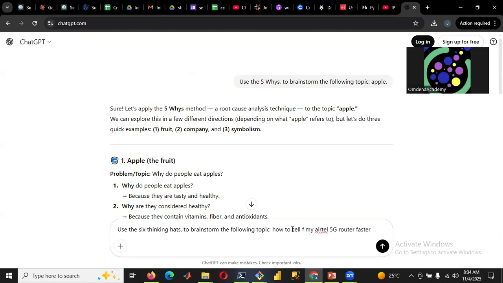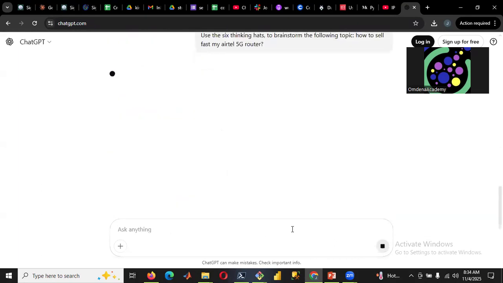Okay, let me just do this: how to sell fast 5G, because the word fast can be misunderstood, right? Since it's an internet device, fast can mean fast network. So let me not confuse it. I'm just trying to see how I can quickly sell the device, right? Using the six thinking hats.